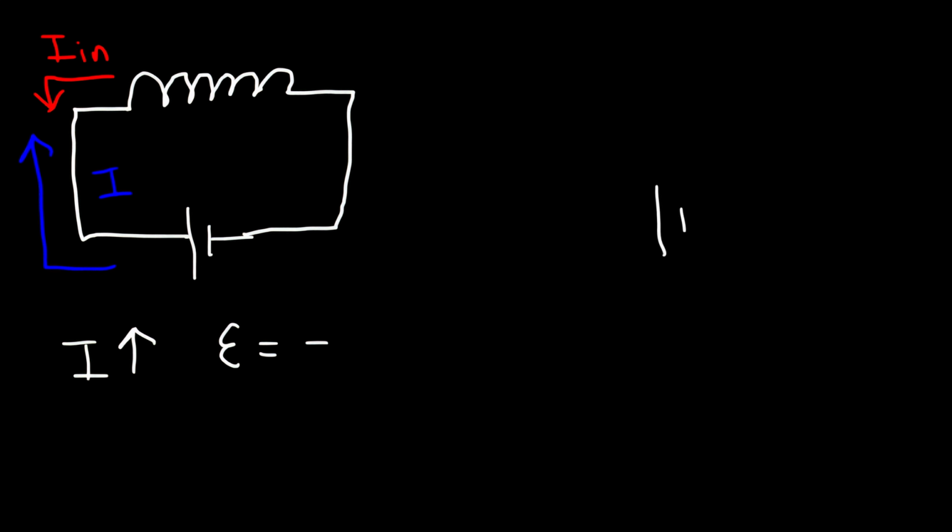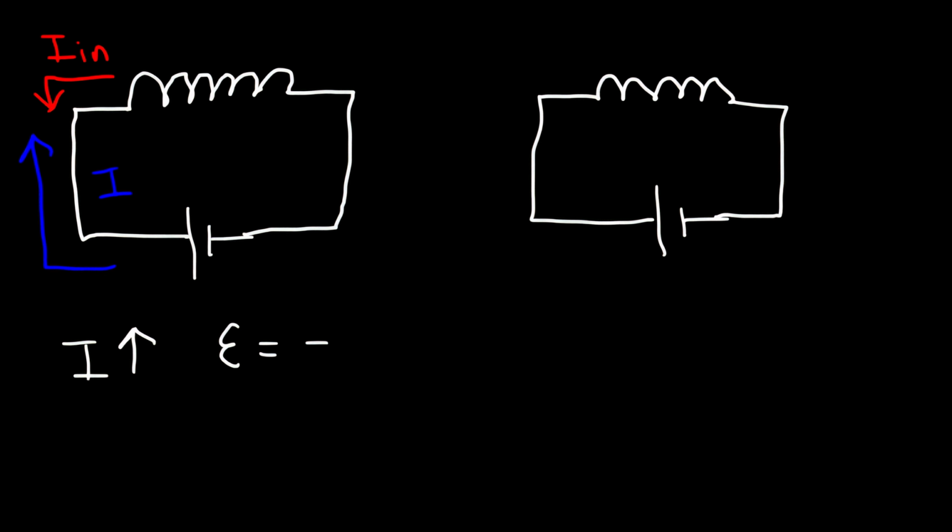Now let's say we have the same circuit and we have an inductor or a solenoid, which is basically a coil of wire, and the current is flowing in the same direction. However, this current is decreasing as opposed to increasing. If the current is decreasing, the induced current generated will try to support the decrease in current. So the EMF will be positive.